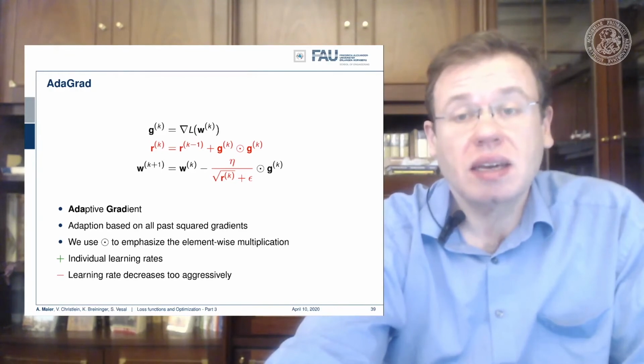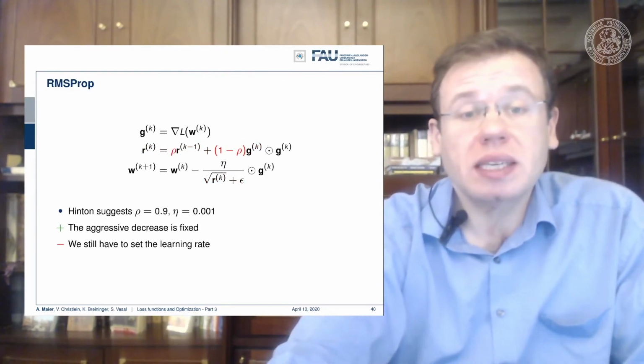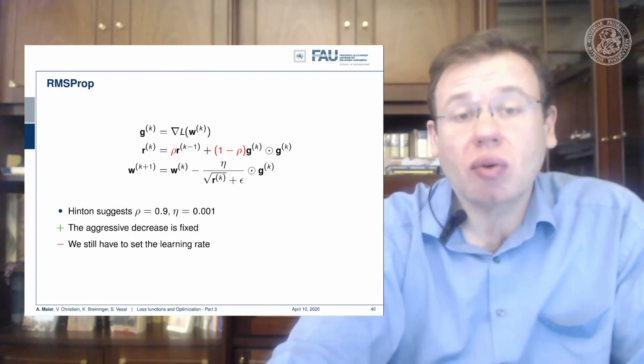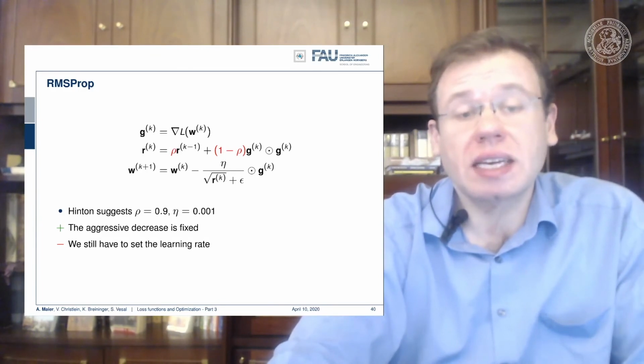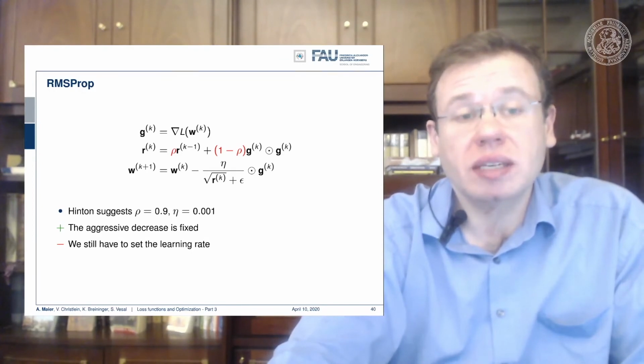This is one problem that then leads to improved versions, and the improved version here is RMSprop. RMSprop is now using this again, but they introduced this rho, and now rho is being used to essentially introduce a delay, so that you don't have the very high increases, and here you can set this in order to dampen the update of the variance of the learning rate.